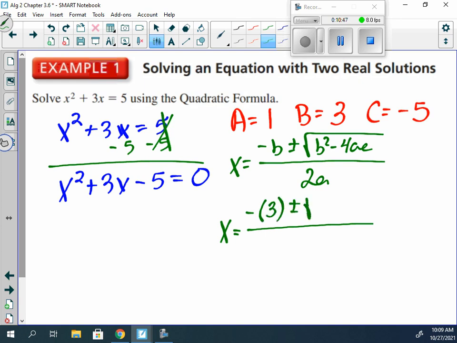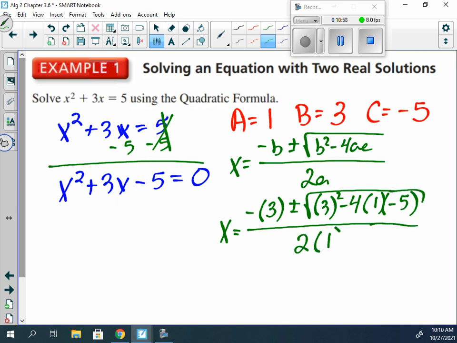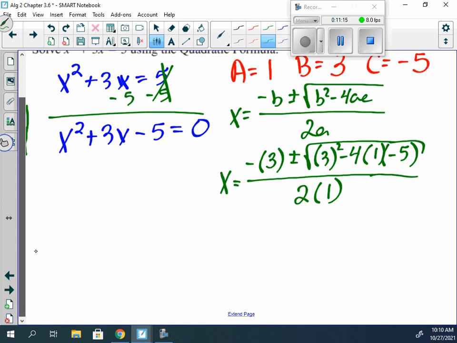Plus or minus square root. Well, we need to simplify, but that will give us the answer. So once we get the quadratic equation equal to 0, we take the quadratic formula and plug in the values of a, b, and c.